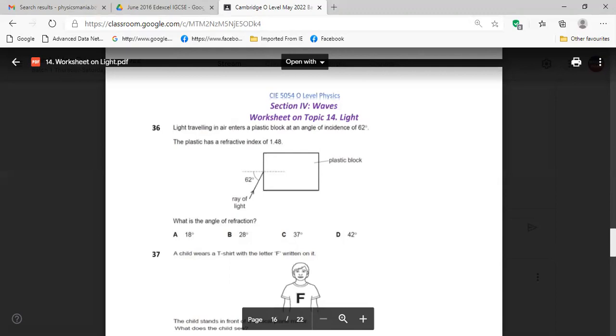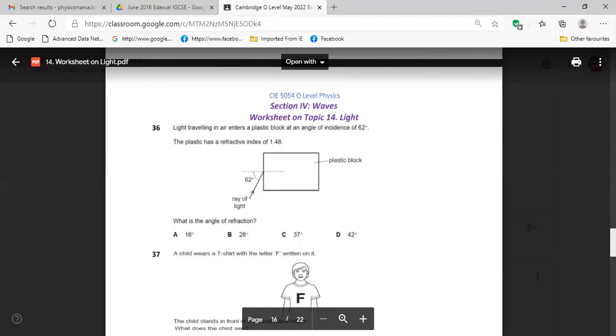Light traveling in air enters a plastic block at an angle of incidence of 62 degrees. The plastic has a refractive index of 1.448. What is the angle of refraction? Sir, it's C, 37 degrees.